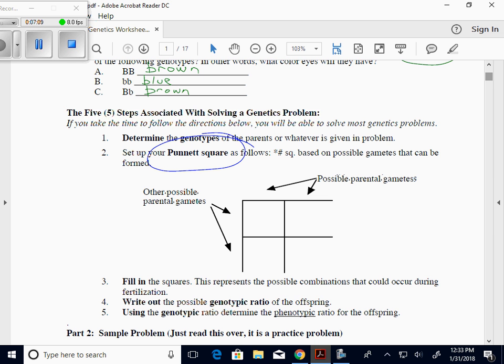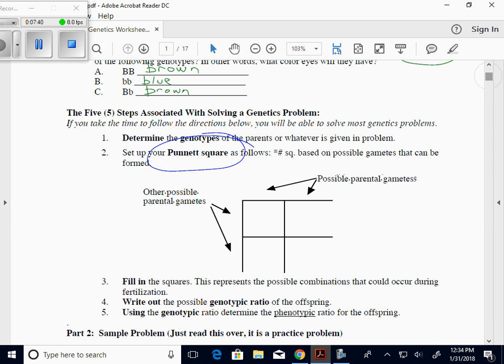The final thing is, using the genotypic ratio, determine the phenotypic ratio. What is the phenotype? The physical trait. Okay? Remember, the genotype we talked about before was capital B, lowercase b. The phenotype would have been brown eyes.